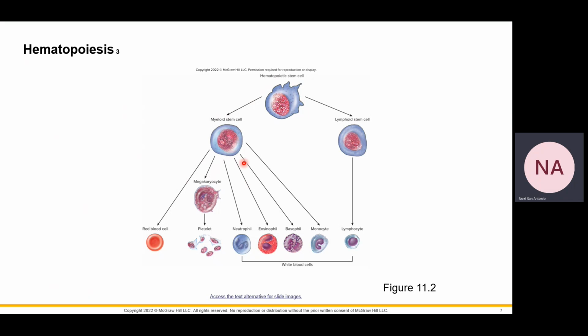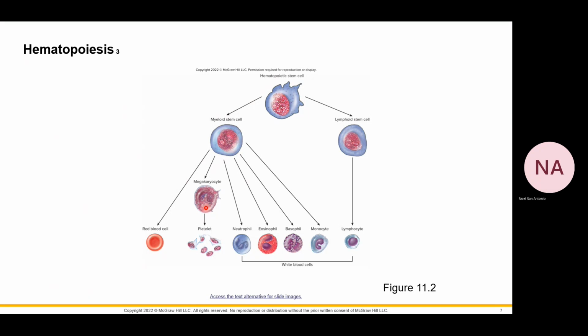So ulitin ko, from your myeloid stem cells, that is where a mature red blood cell will develop. That is where a megakaryocyte will develop. And when a megakaryocyte fragments into smaller pieces, then it becomes your platelets. So therefore, platelets are no longer considered cells because these are just cell fragments of our megakaryocytes.